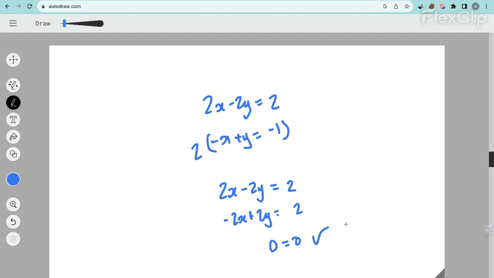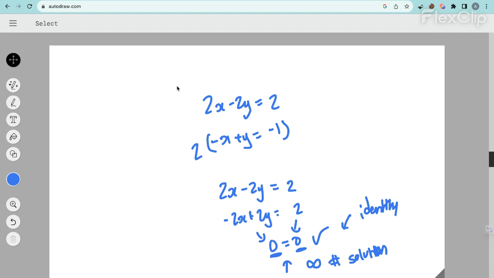Zero equals zero. This is a true statement. But if this side completely equals this side without a variable, this means there's an infinite number of solutions. This is called an identity. So just keep in mind, if this just equals this, then there's an infinite number of solutions.